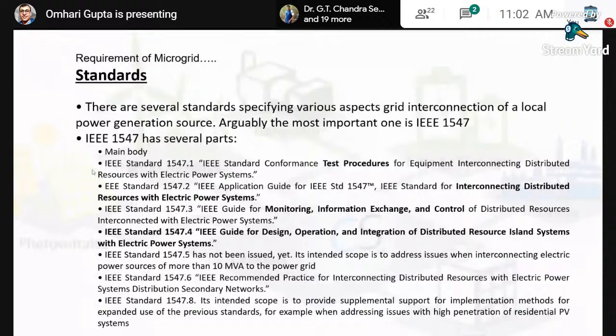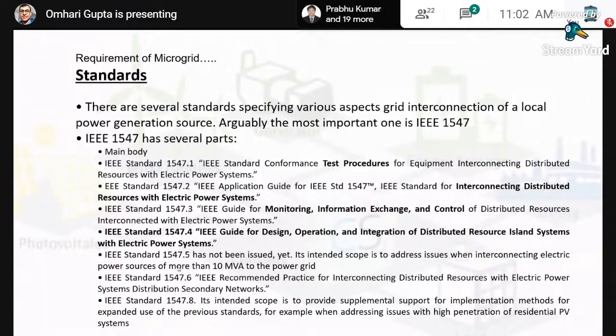Distributed resources, we can also call distributed generation. The electric power system, you can call the grid or the utility grid. And IEEE 1547.2 corresponds to interconnection. IEEE 1547.3 corresponds to monitoring, information exchange and control. 1547.4 is the IEEE guide for design, operation and integration of distributed resources and island systems with the electric power system.